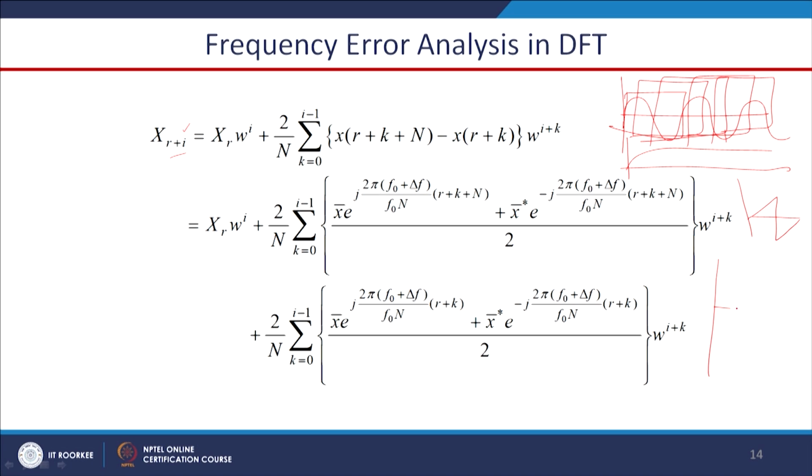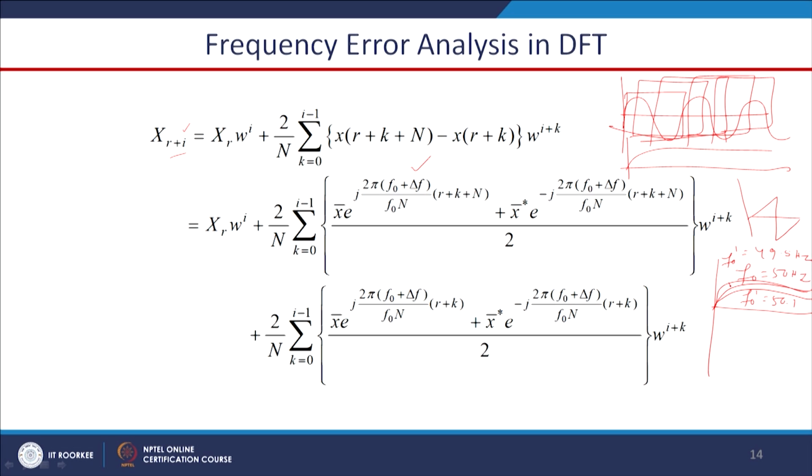Now, the question here is, due to this frequency deviation, let us say we got some magnitude with f naught equal to 50 hertz. We will get some deviation in the magnitude if f naught dash is either 50.1, or 49.5, or 49.8, whatever the frequency deviation.